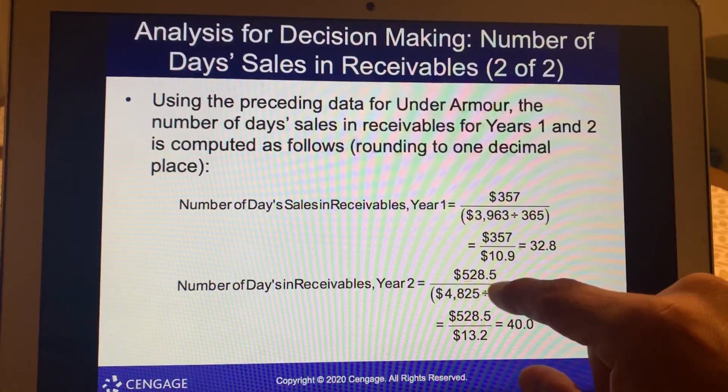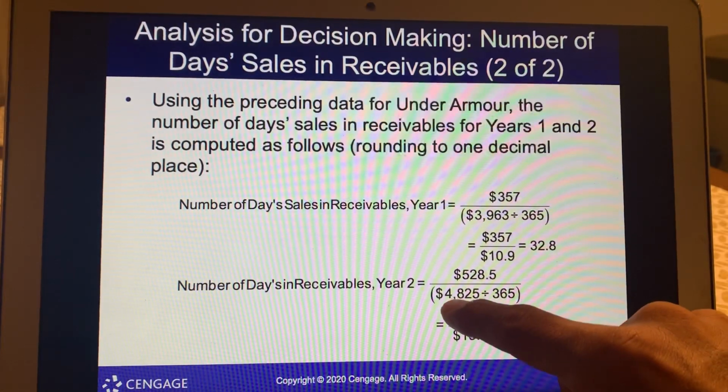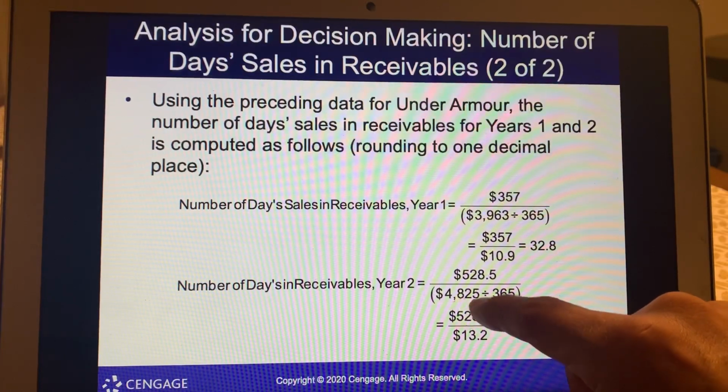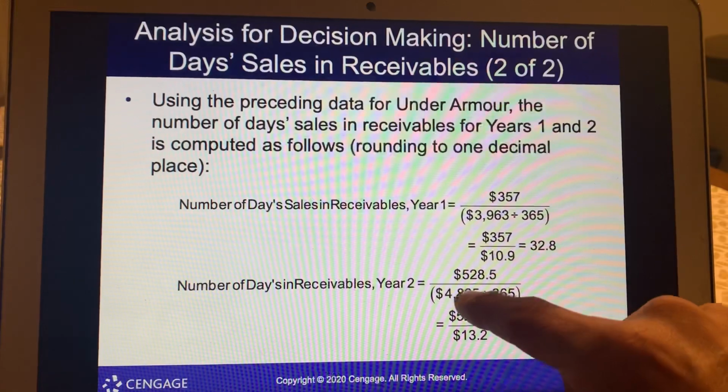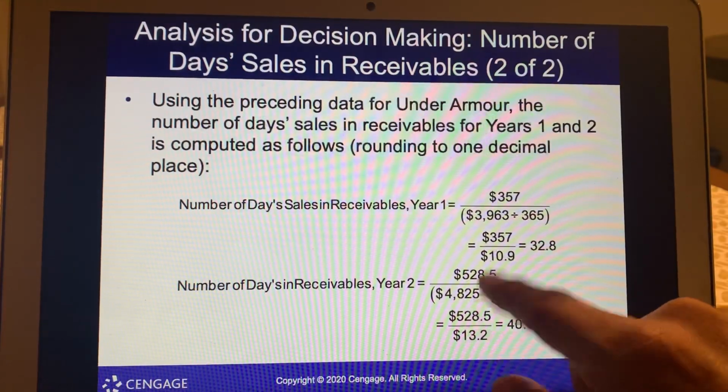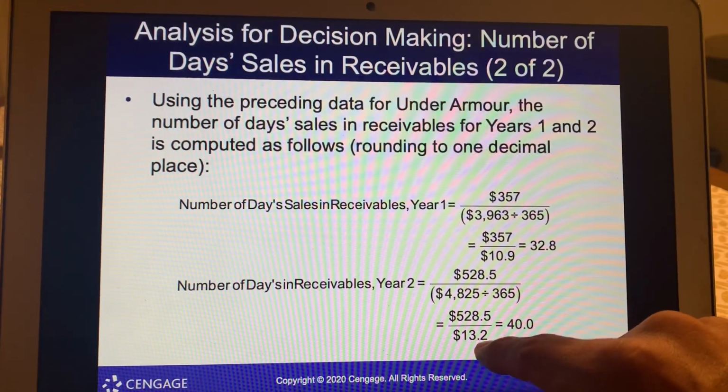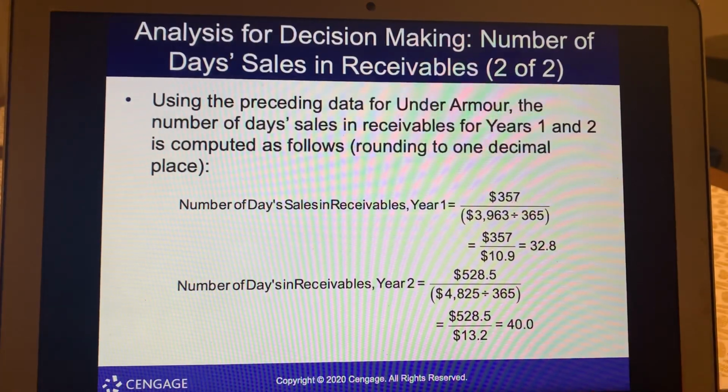Year 2, 528.50 divided by 4,825 divided by 360, because we're trying to figure out the dollar amount in each day. So average is $13.20. So we divide 528.50 by 13.20 and we get 40.0. So that's the number of days' sales in receivable.